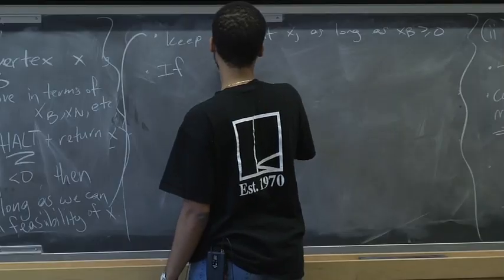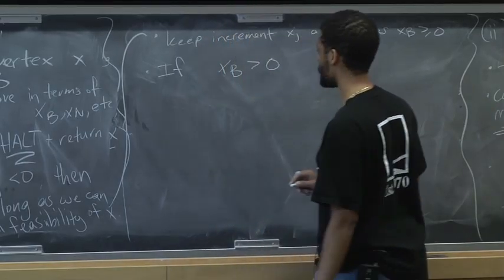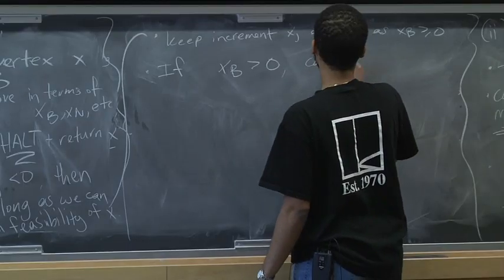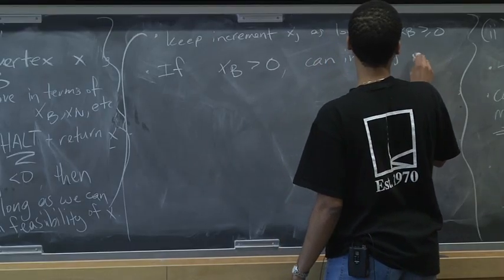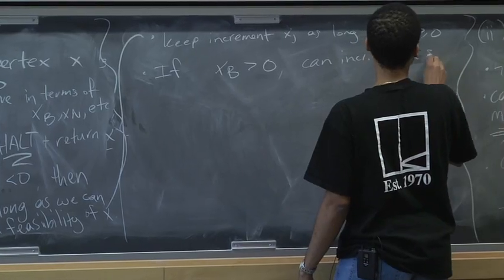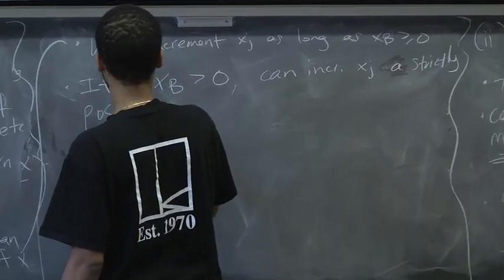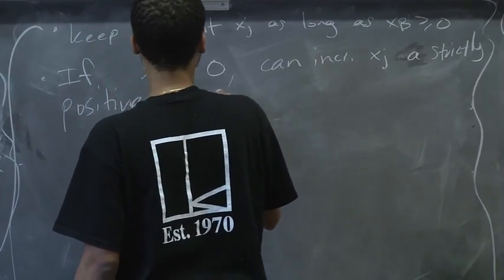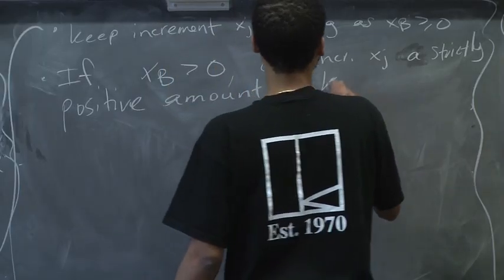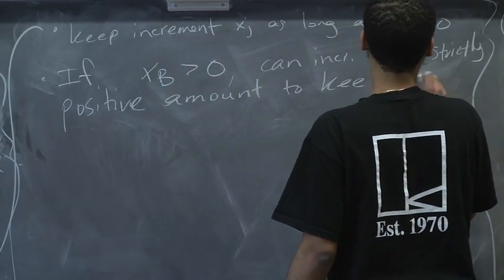If xb is strictly positive, you can increment xj a strictly positive amount to keep xb at least 0.